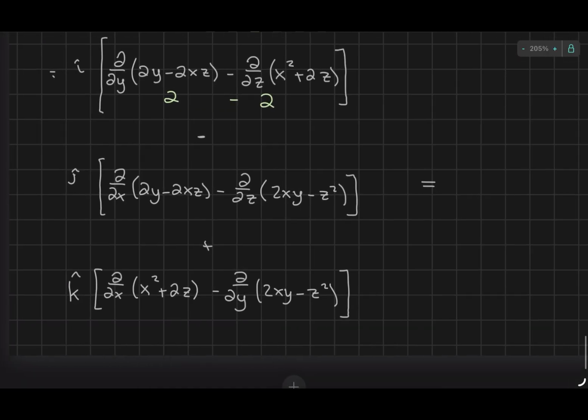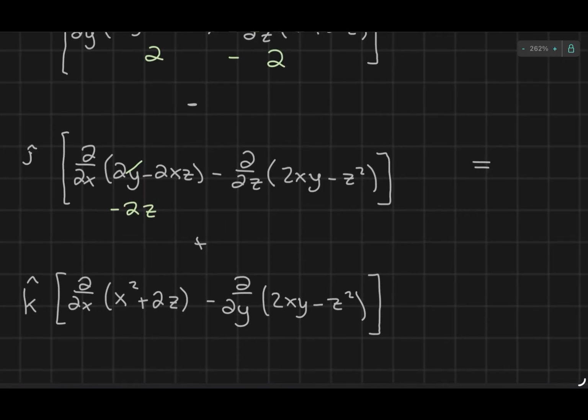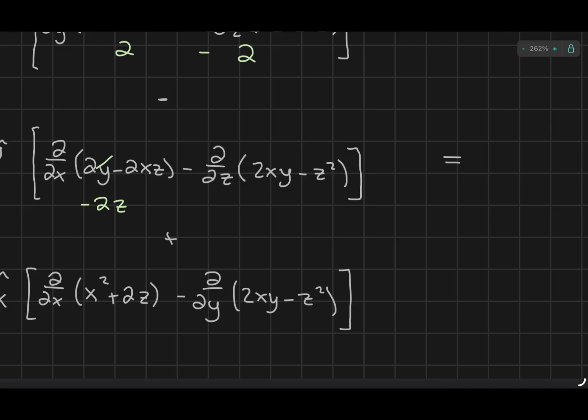Going down to our j component, 2y minus 2xz with respect to x is going to be 0 right there, and then we have negative 2z. Our partial of 2xy minus z squared with respect to z doesn't have a z term that survives, so it's going to be negative 2z.